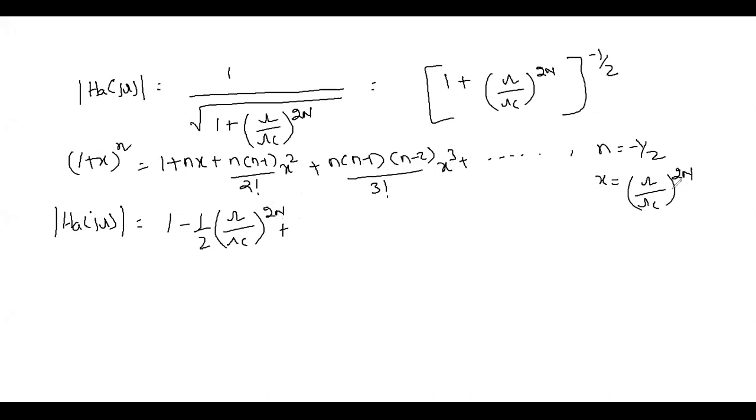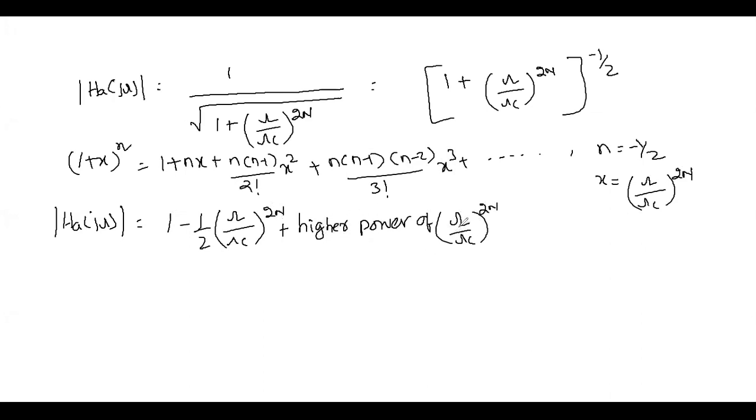X cube means a higher power of this, that is plus higher power of omega by omega c to power 2n. Yes or not? If you want to expand, we will get plus some coefficient, that is 3 by 8.